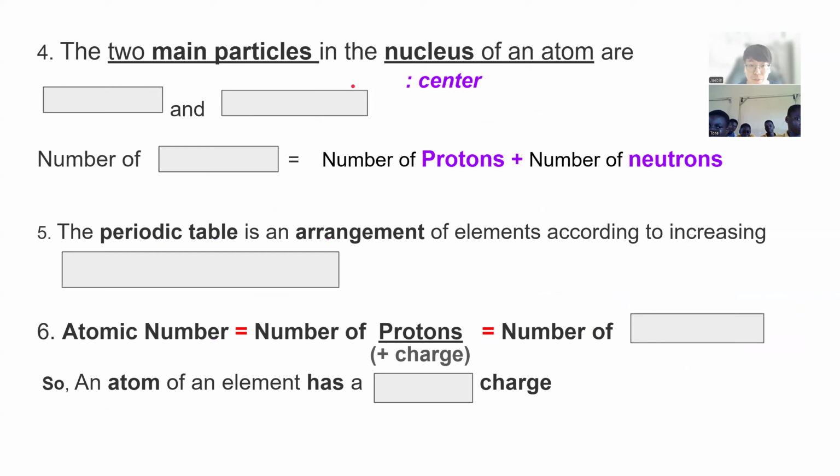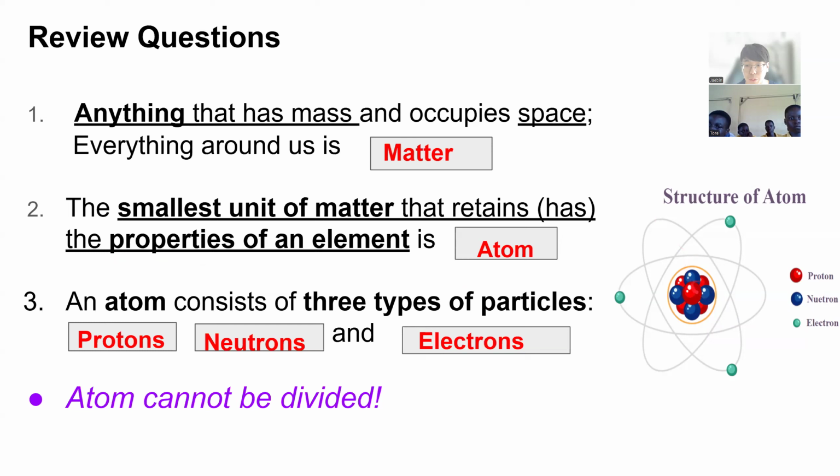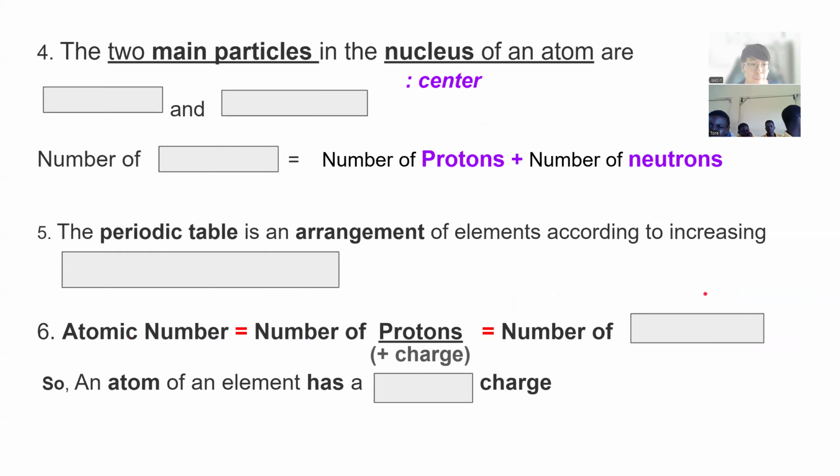The two main particles in the nucleus of an atom, the nucleus being the center of an atom, are the ones we have talked about: protons and neutrons. Look back at the diagrams too, where we have protons and neutrons in the nucleus. And the number of nucleons is the number of protons plus the number of neutrons.